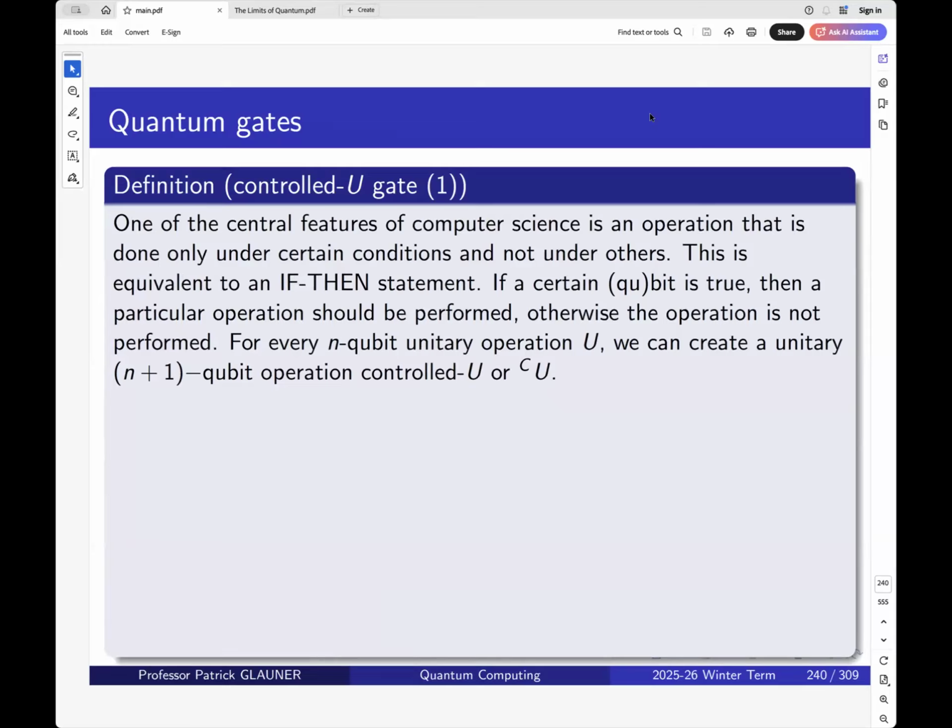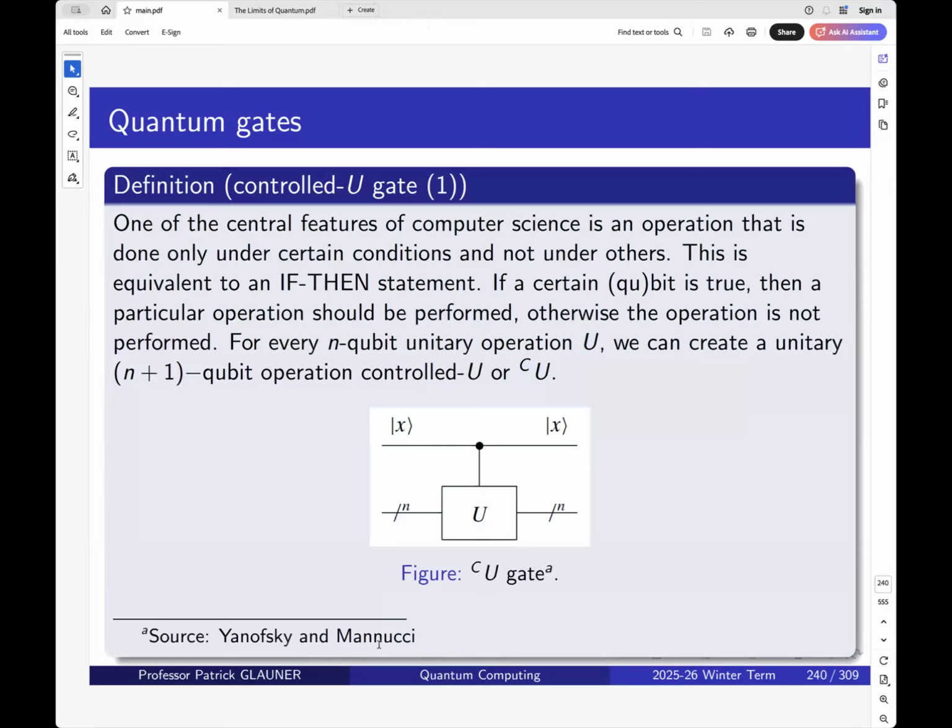So, as a low-level operation, imagine you have a unitary operation U. You can turn this into a controlled U or CU, which would look something like this.